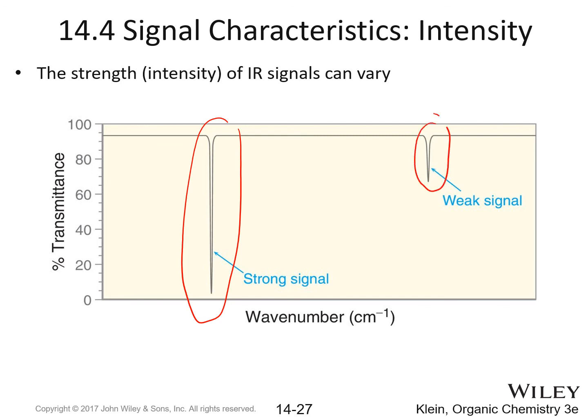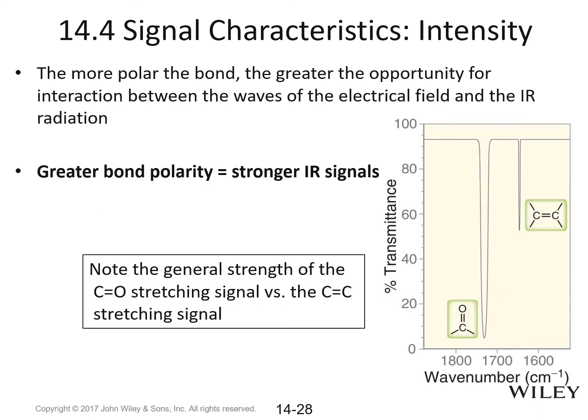So what affects the strength of our signal? What affects the intensity? Polarity is the greatest influencer of the intensity. So the greater the bond polarity, the stronger the intensity of our signal. That is the key here.